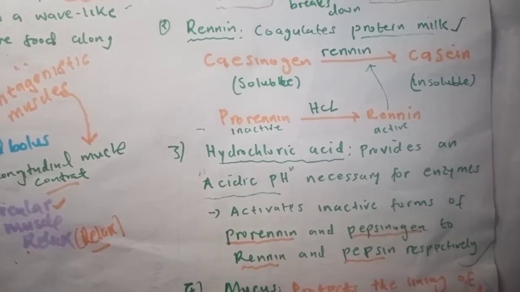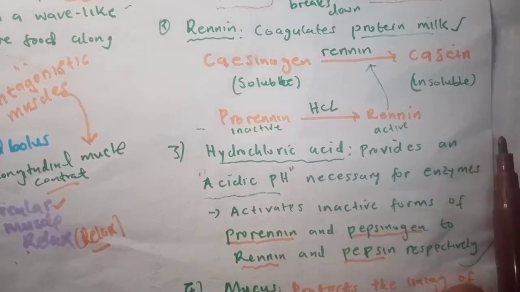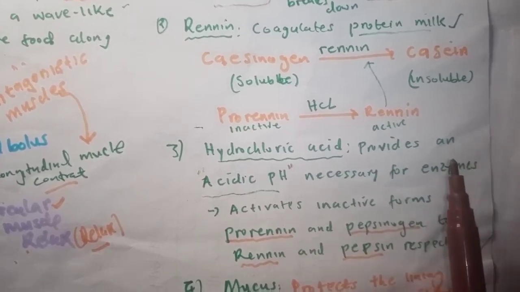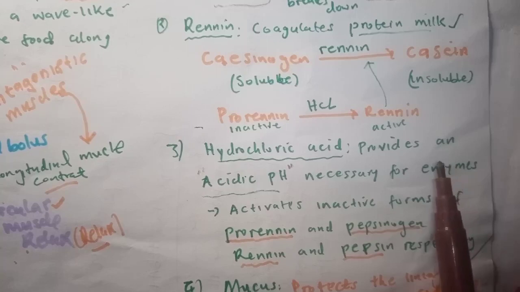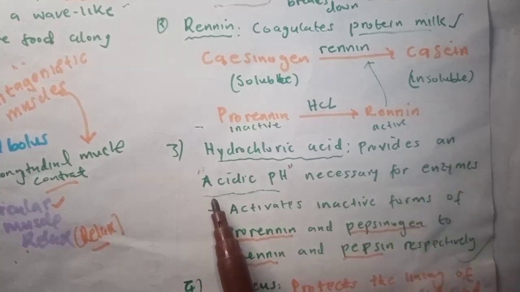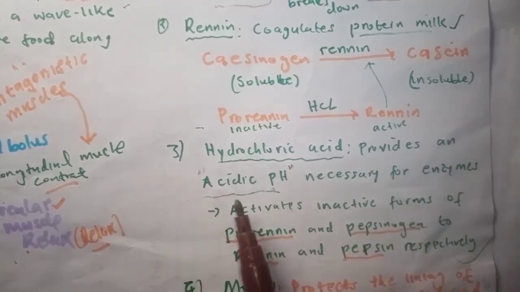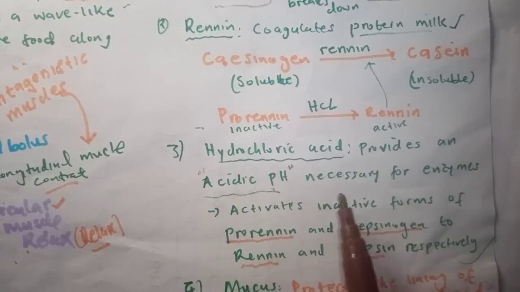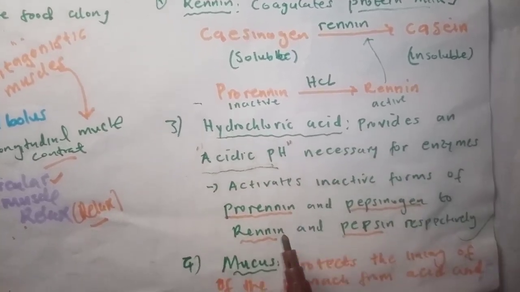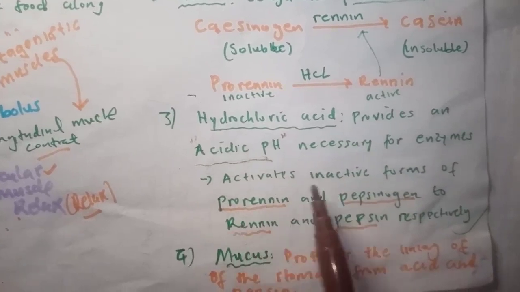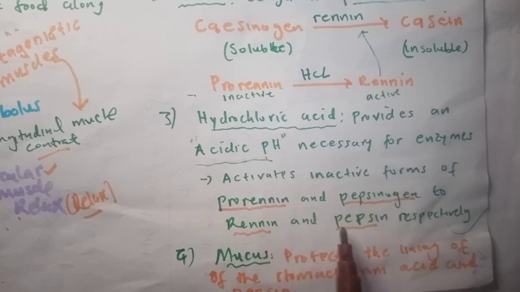Some enzymes work at an acidic pH, while some work at an alkaline pH. Enzymes in the stomach work at an acidic pH. Also, it activates prorenin and pepsinogen into renin and pepsin respectively.